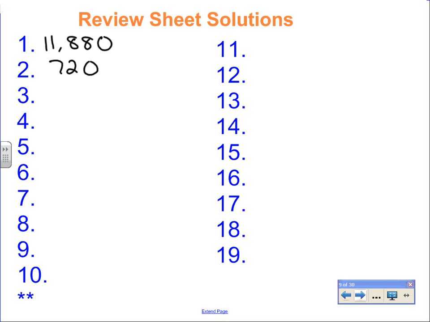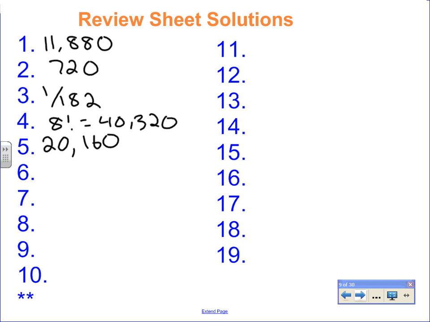Good. 1/182. Jordan, number 4. Good job. Neil, number 5. Good. Number 6, Shane. Good. Shane, I know I gave this to you 2 days ago. You got it done, right? Okay. David, number 7.